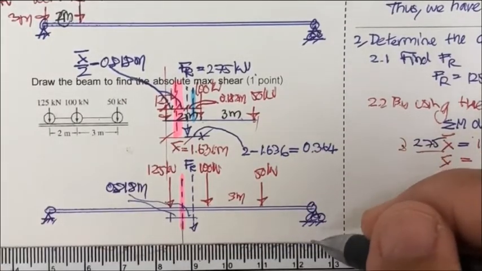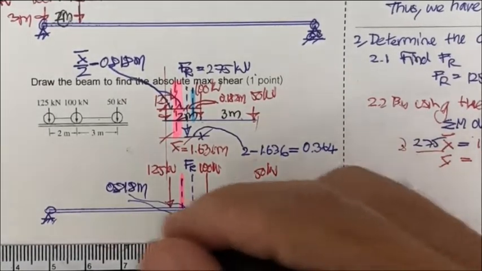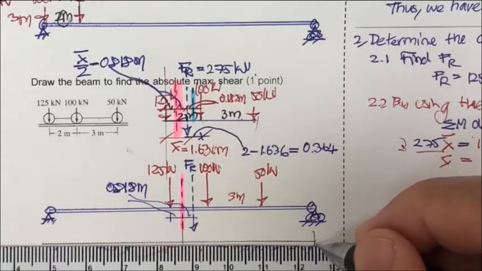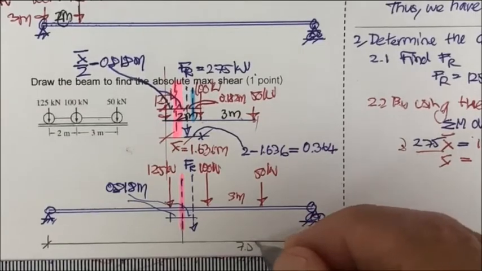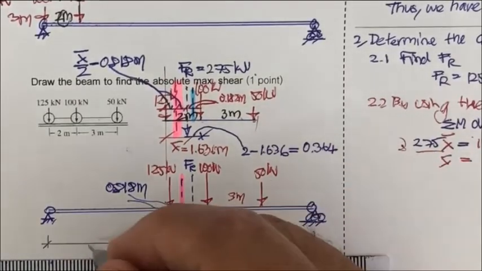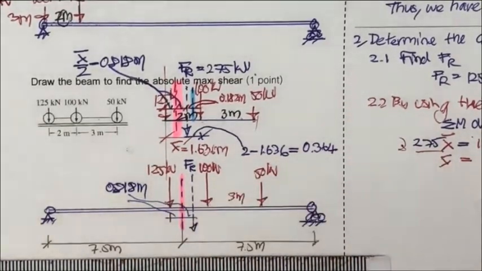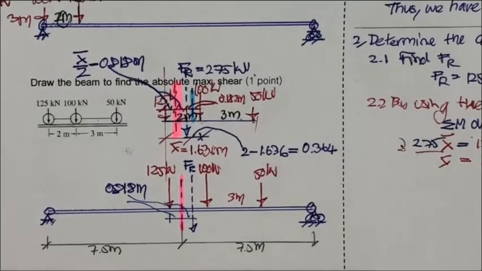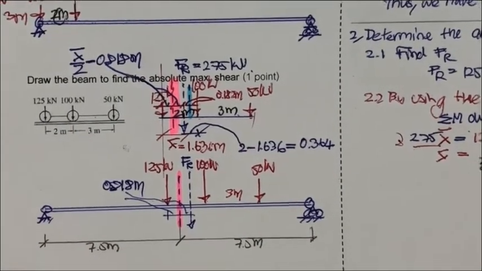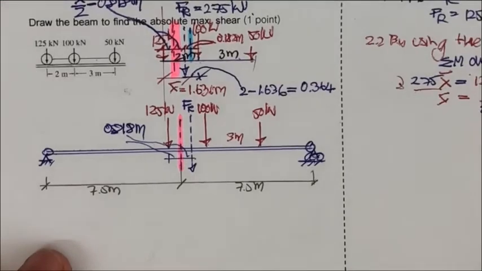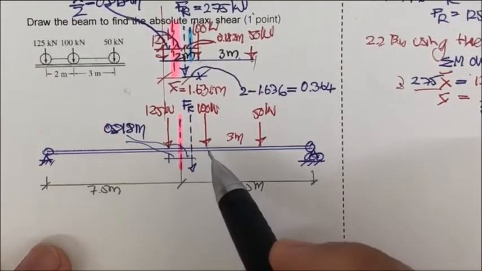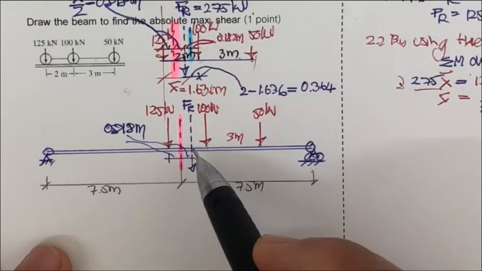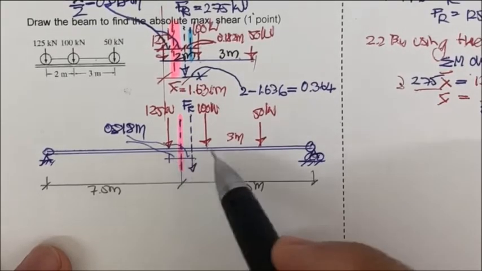And what we have is this beam separated into half by the midspan here. This is going to be 7.5 meter, and this also 7.5 meter. And the concept is the maximum moment is going to occur under the load that is close to the F sub R, in between.